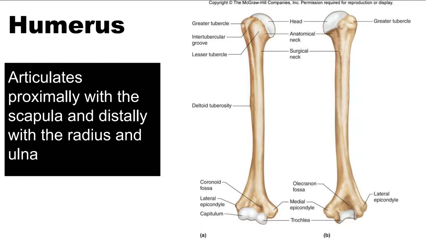The posterior distal end of the humerus has the olecranon fossa. It's the posterior aspect. The anterior aspect has the coronoid fossa. Notice the difference in the capitulum on the anterior process and the trochlea on the posterior process.